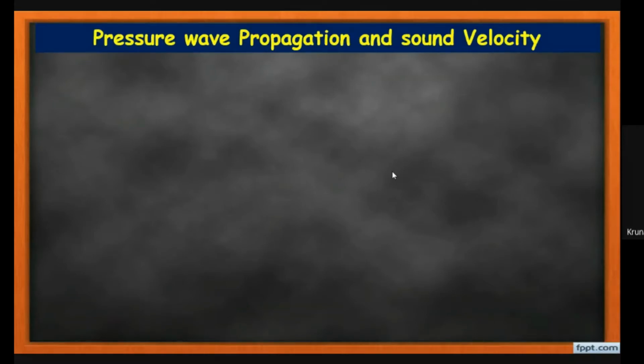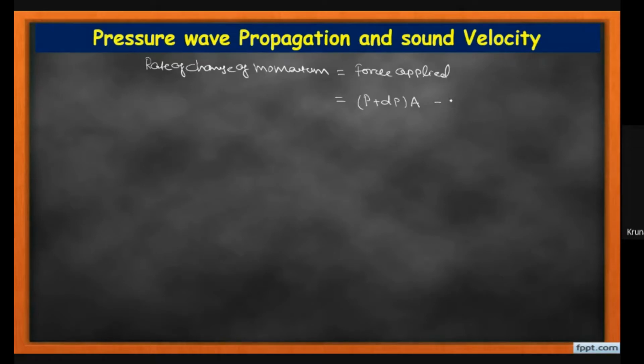After applying the mass conservation, we are going for the momentum conservation. So we apply the conservation of momentum: rate of change of momentum equals the net force applied. We know that force applied equals the change in pressure. So pressure after the compression is P plus dp into A, and before, it is P into A. That is the change in force.